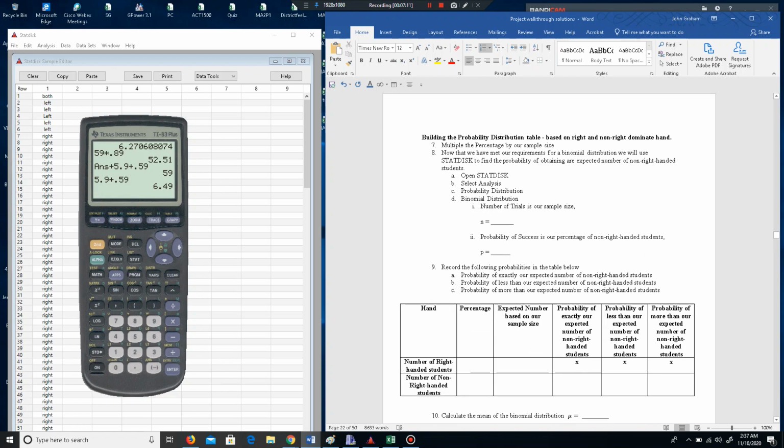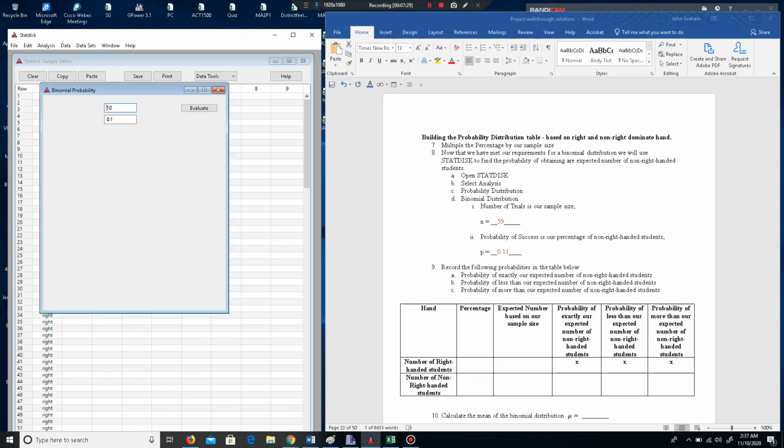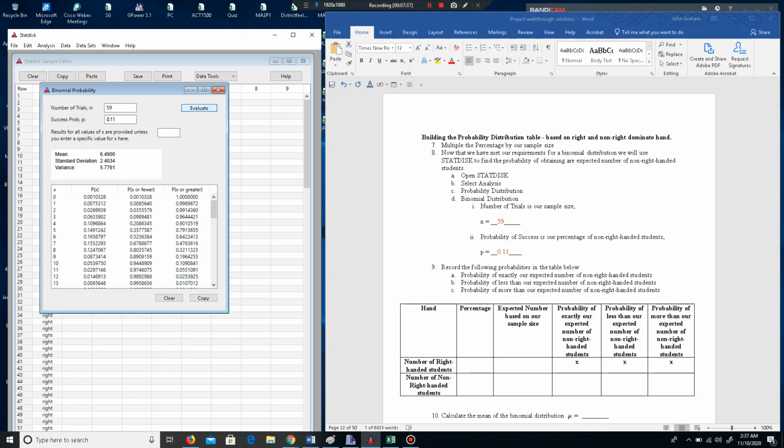So, sample size 59, probability of success again is 0.11. And we are going to run the binomial distribution on the stat test. We'll analyze probability distribution, binomial distribution. Fixed number of trials 59, probability of success is 0.11. Hit evaluate. We get a whole lot of numbers as we go down. Notice our mean is 6.49. That's what we had as expected.